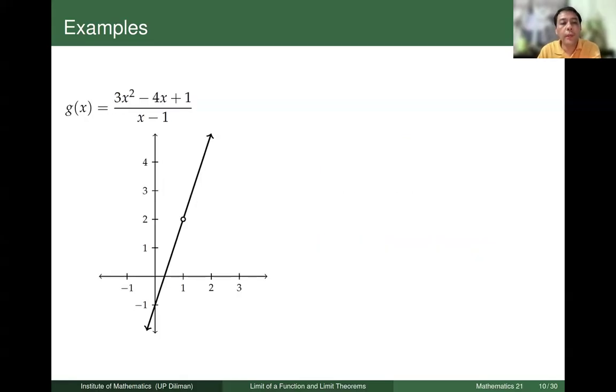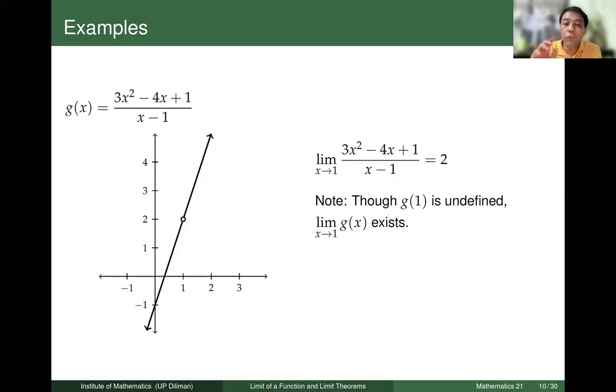Now, how about this example? The limit here is 2 because your function values approach 2. Okay. However, g of 1 is undefined, okay, because g of 1 will become 3 minus 4 plus 1 divided by 1 minus 1.